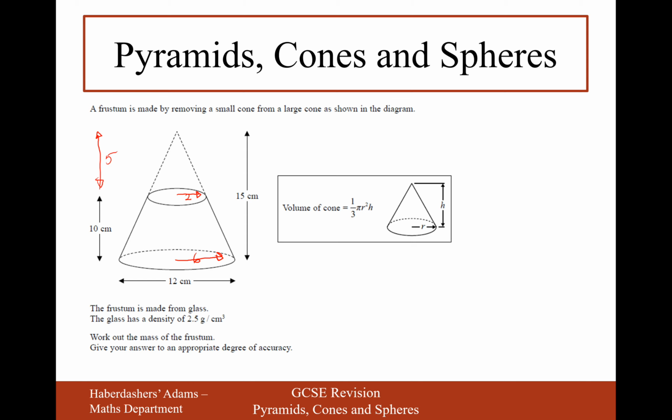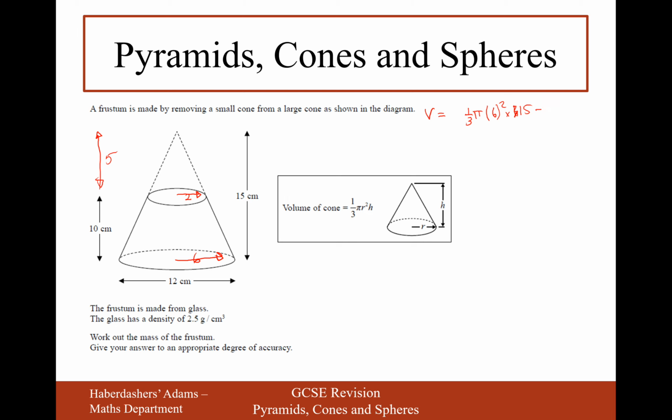So the big cone is going to be volume equals 1/3 of pi times 6 squared times h. h is 15.